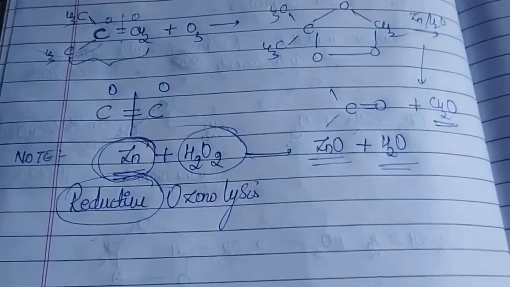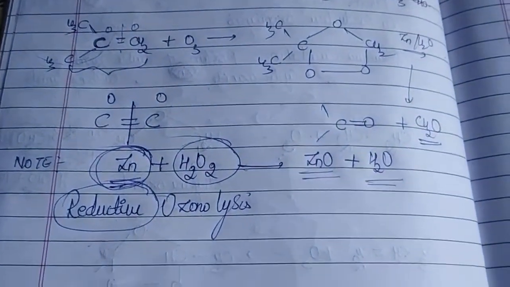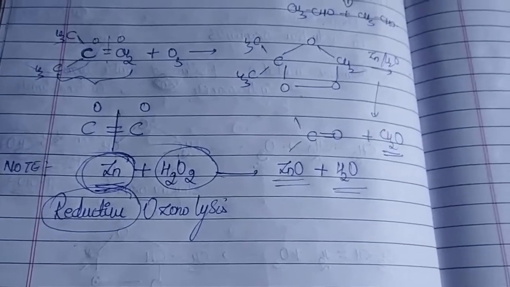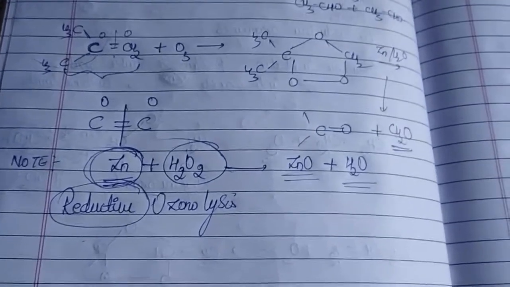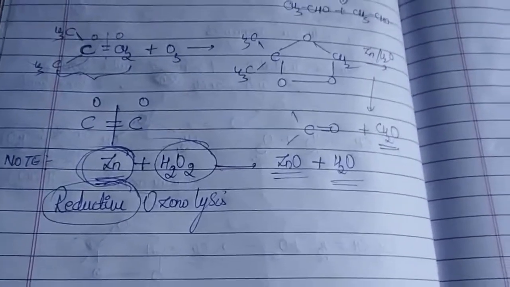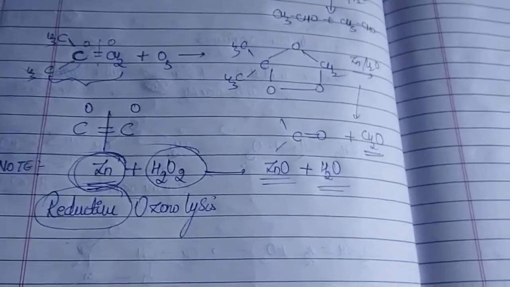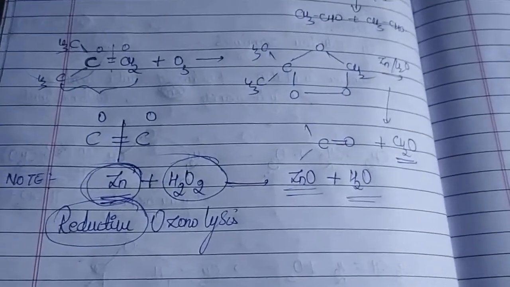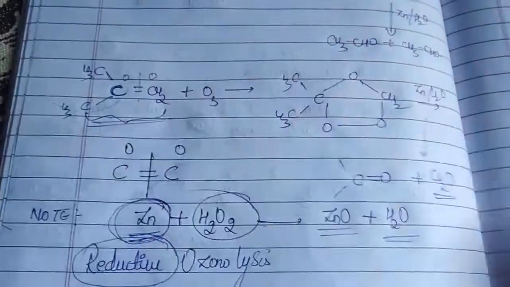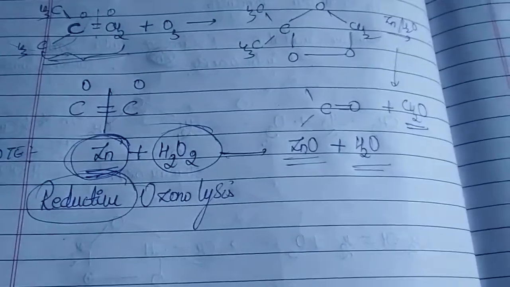Is that clear? Very much important reaction. Whenever we are doing a reductive ozonolysis of alkene, the final product we are going to get is the carbonyl compounds. It can be your aldehydes, it can also be your ketones, which ultimately depends upon the structures of your alkenes. Is that clear?